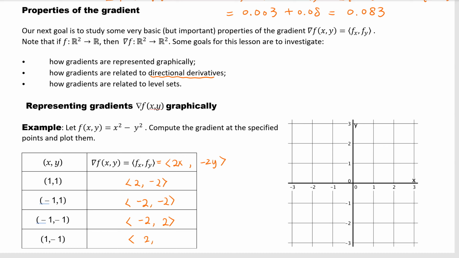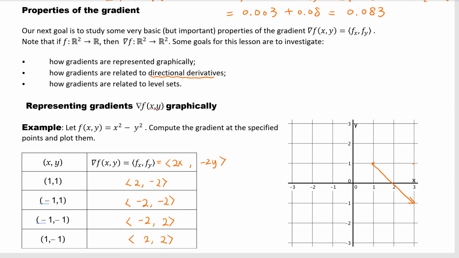What does that mean? At the point (1, 1), the gradient vector is (2, -2). Well, 2 here, negative 2 right here.